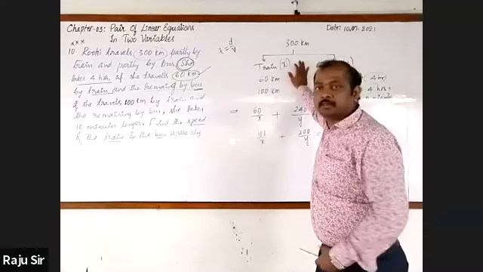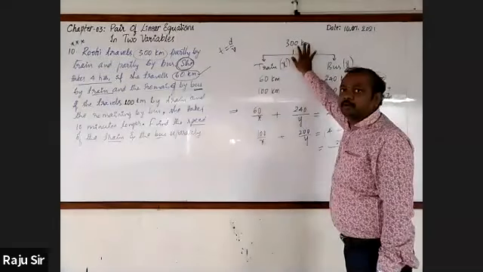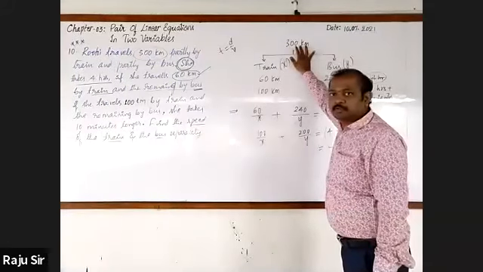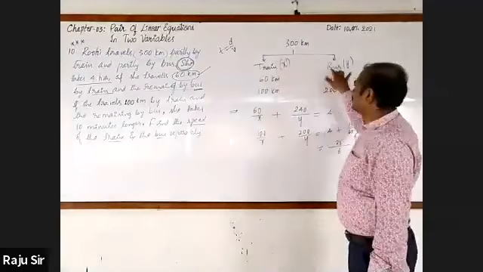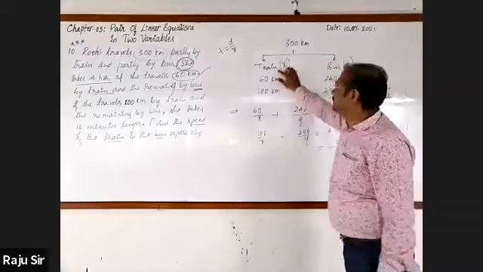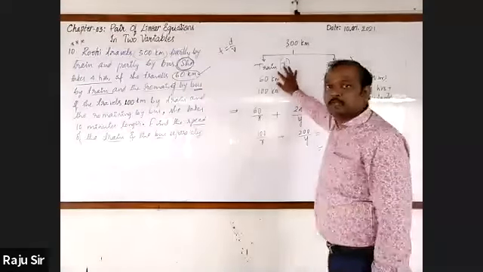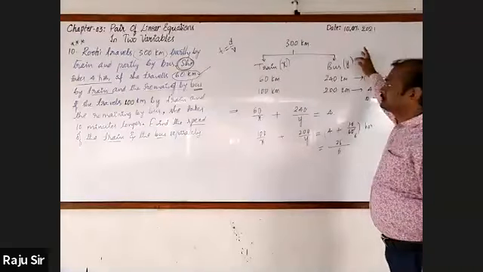See that the total distance covered by Ruhi is 300 kilometers. For covering this, she will go using two modes of transportation. One is train and second bus. Both will move with different speeds. We have assumed the speed of the train as x kilometer per hour, bus as y kilometer per hour.